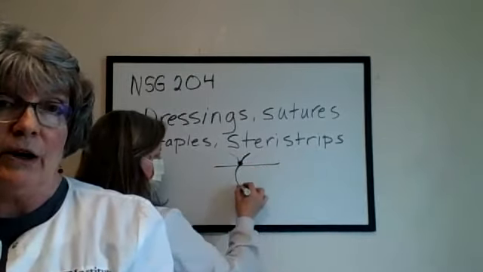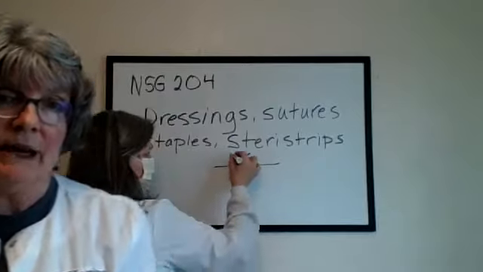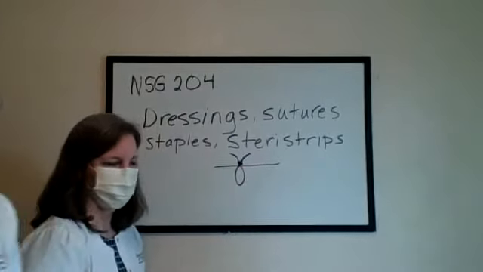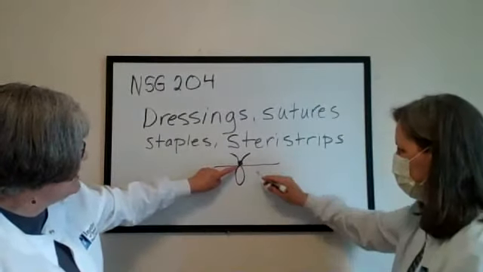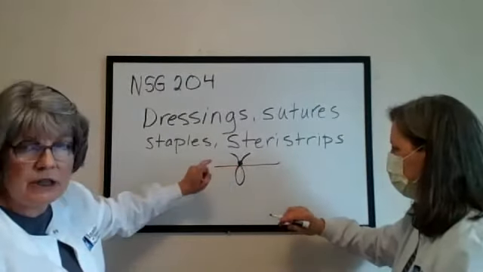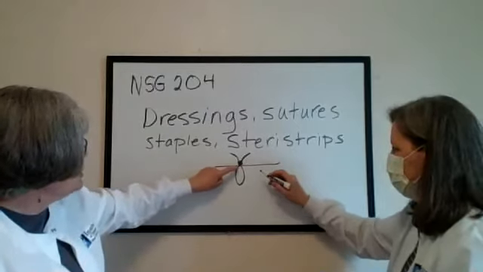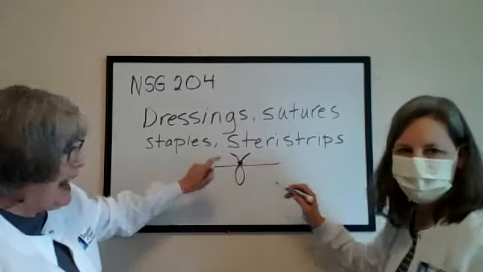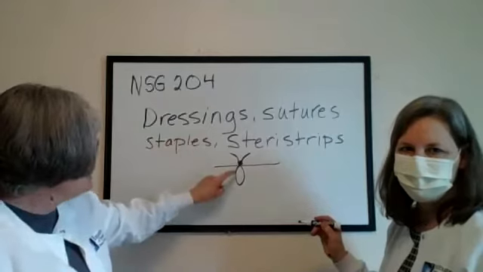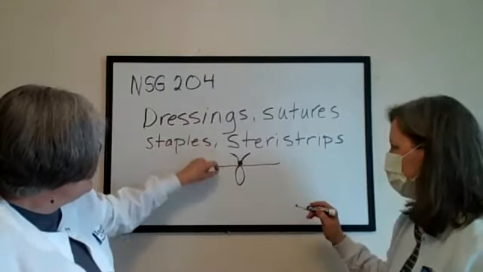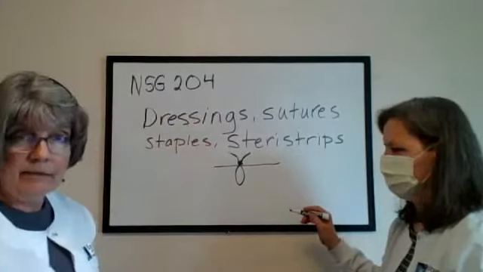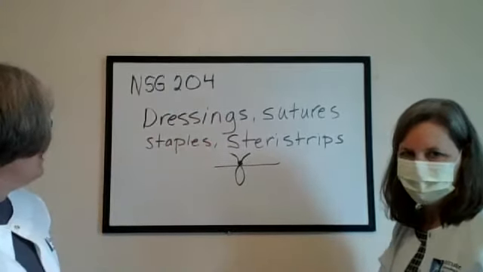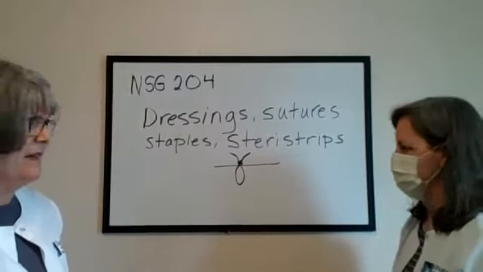So you want to make certain, Karen's drawing now, that you catch it on this side or this side. Either side is fine. You just want to make certain that you still have your knot intact so that you can pull it out. You can grab hold of the knot really and pull it out whichever way. So hopefully that makes sense.